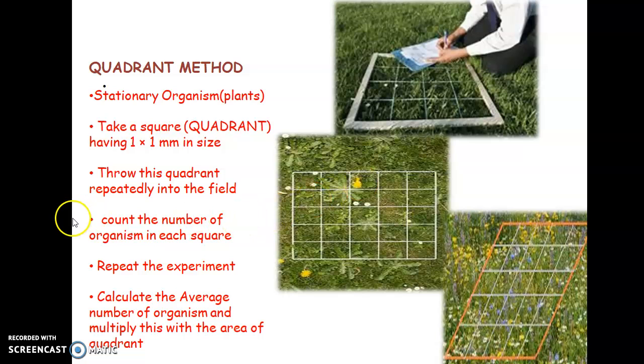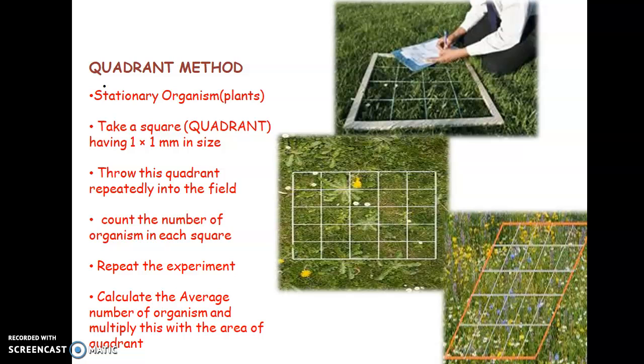How? We calculate the average number of organisms and multiply this with the area of the quadrant. Here, this quadrant has a unique area. Okay, and it will be a fixed value, and we combine this fixed area of the quadrant with the number of organisms, here the number of flowers, that we got by this quadrant method.